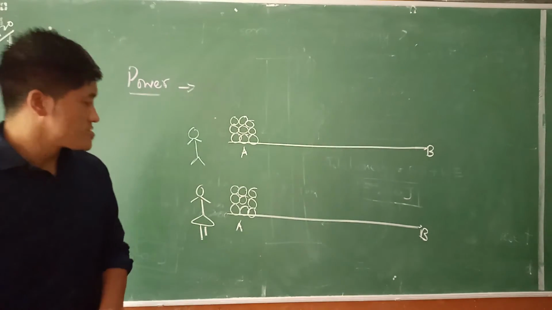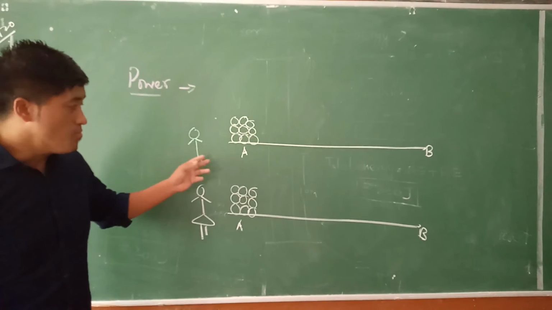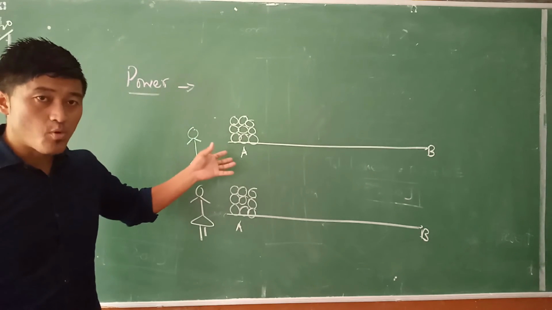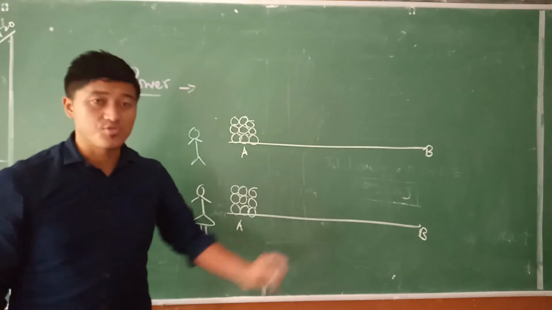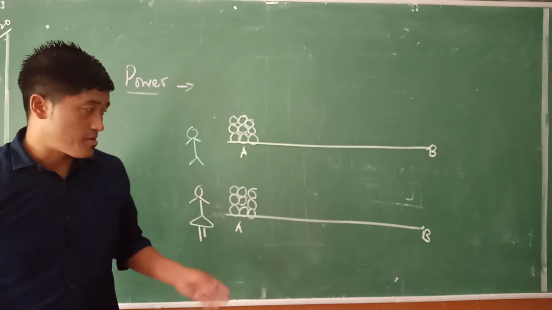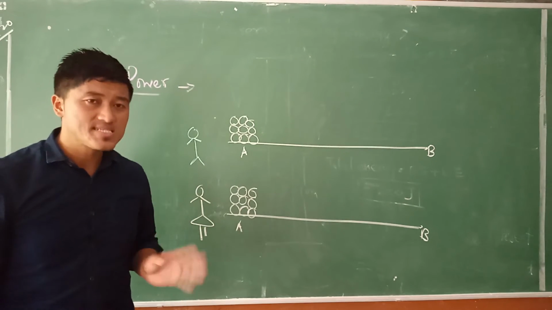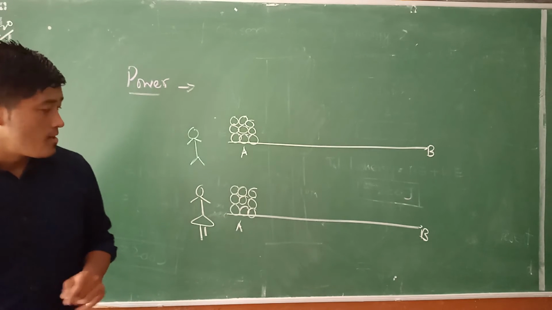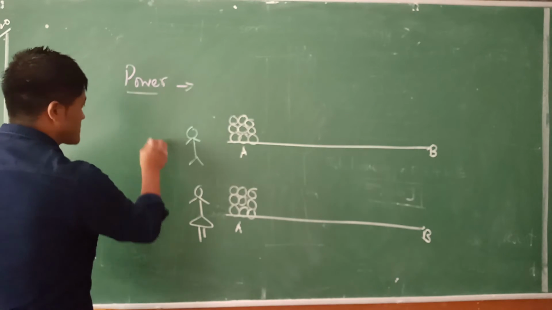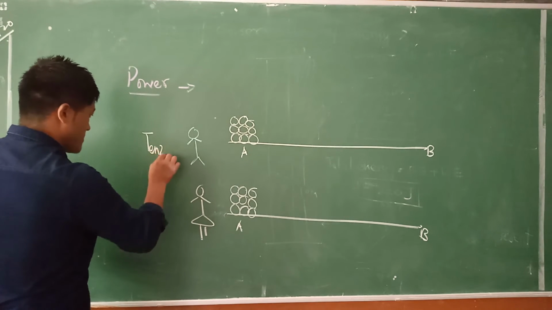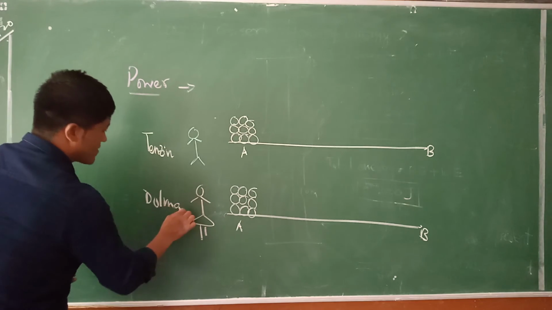Both of them have to move the same amount of stone from position A to position B, and you must make sure that both the A to B distances are the same. Let's say this is Tenzin here, and this is say Dolma here.